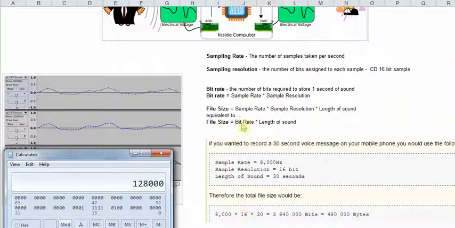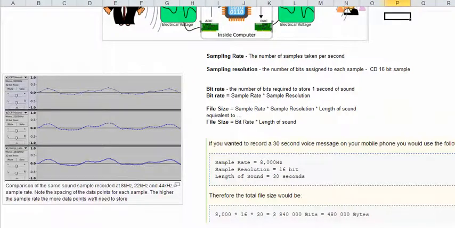If we multiply the bit rate times the length of the sound, which in this case is 30 seconds, so times 30, that gives us the file size in bits. If we want to look at it in bytes, we divide by 8, and now we get 480,000 bytes.